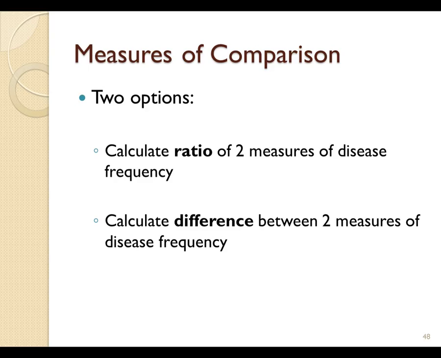When comparing between two groups, you have two options. You can calculate the ratio of two measures of disease frequency, so a measure in an exposed group and the ratio of that to the measure in an unexposed comparison group. Or you can calculate the difference between two measures of disease frequency, a measure in the exposed group and a measure in the unexposed comparison group.